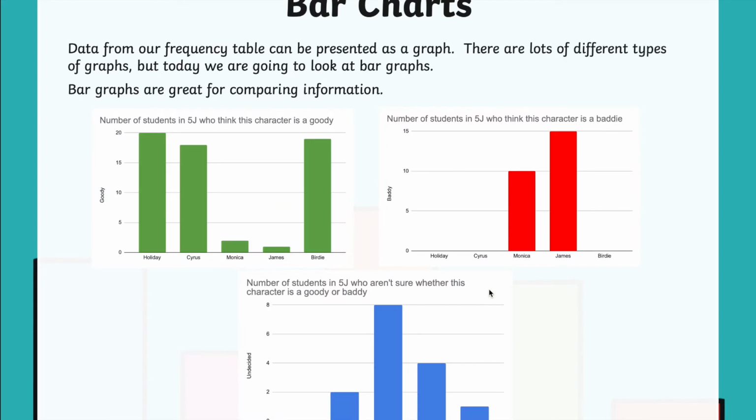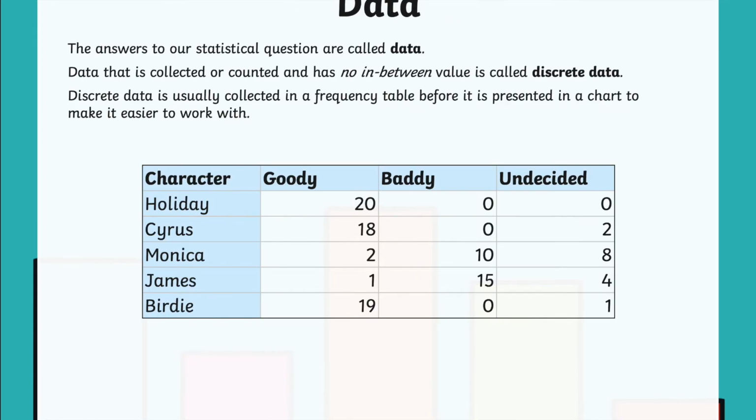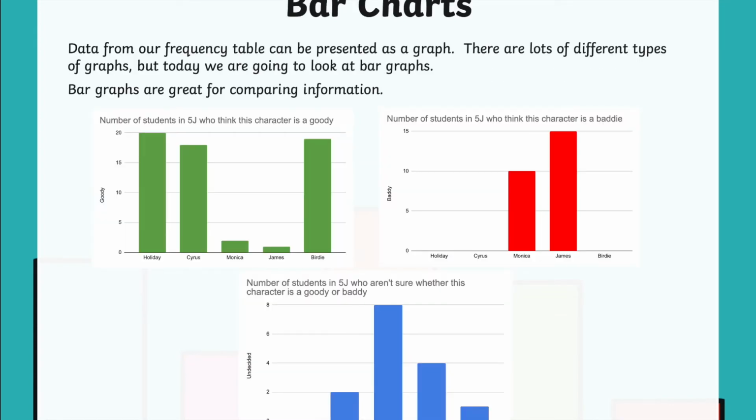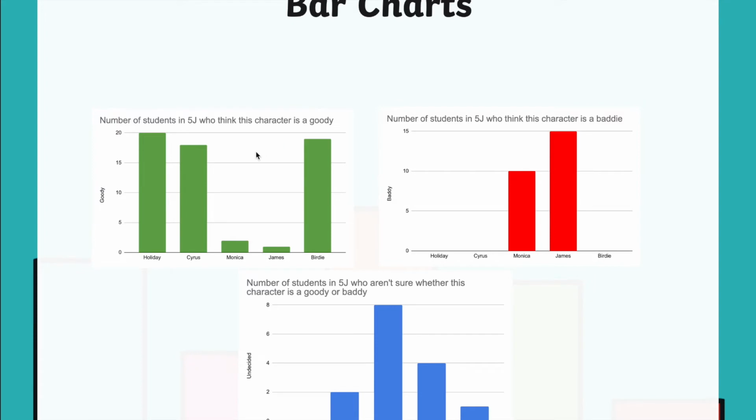Here are some bar graphs that I've created with that information. So I've taken this information and created bar charts. You can see that here I've created a bar chart about how many students thought that the character was a goodie. So number of students in 5J who think this character is a goodie, and there's my character names.